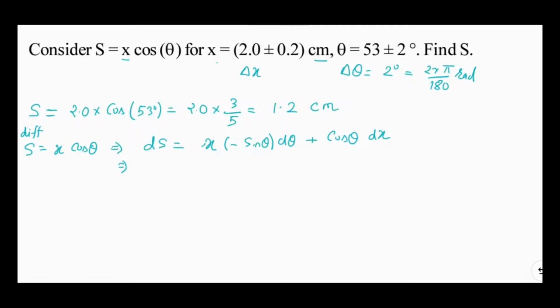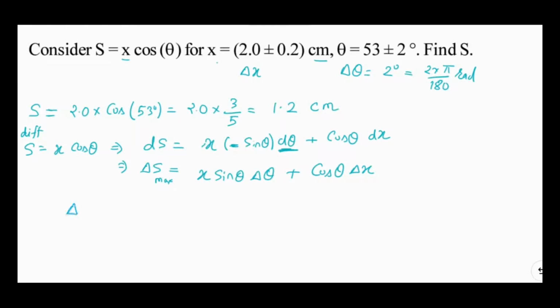I can take ds to be the error in s, and I can take the error in theta to be on the negative side, so that I am getting the maximum possible error in s. So I am taking d theta to be negative, so this expression will become x sin theta times delta theta plus cos theta times delta x.